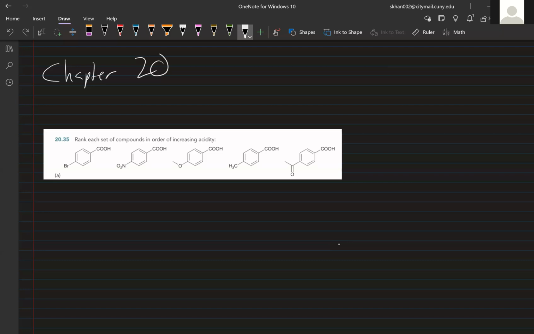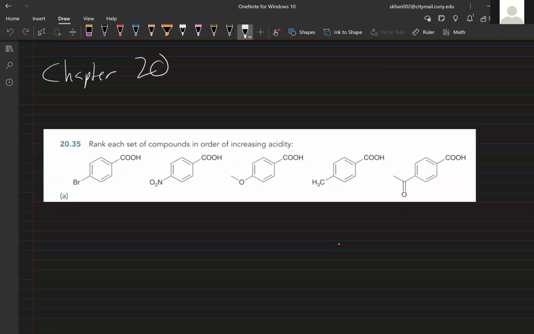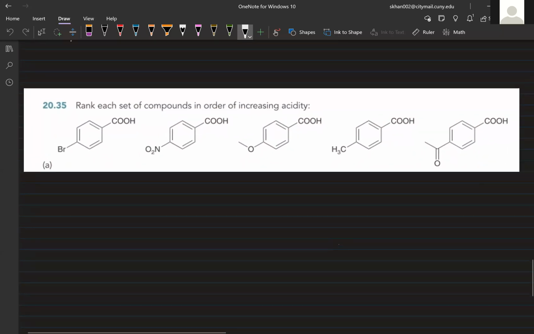I don't know why this always appears so small here. There we go, it's better. Okay, so rank each of the following set of compounds in terms of increasing acidity.